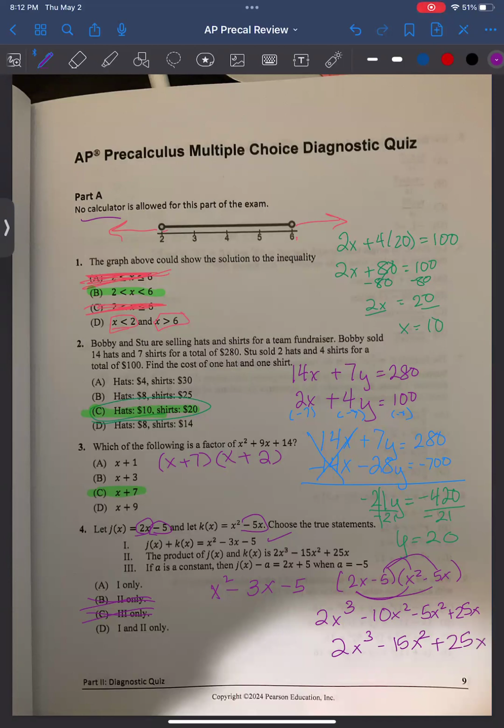So is 2 true? Yes. So my final answer is D. We're good?